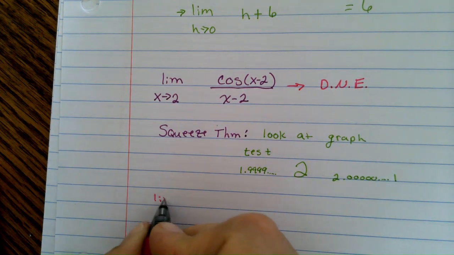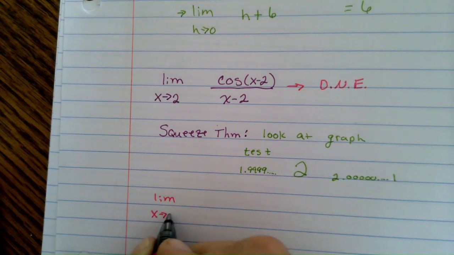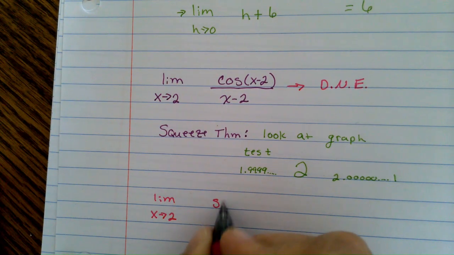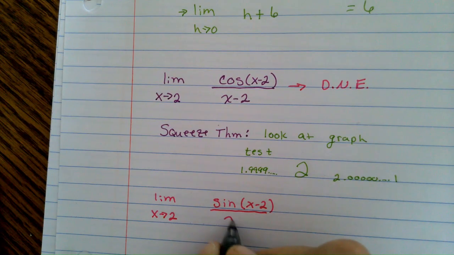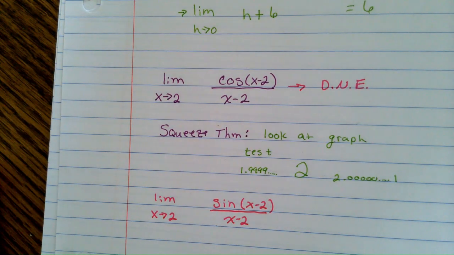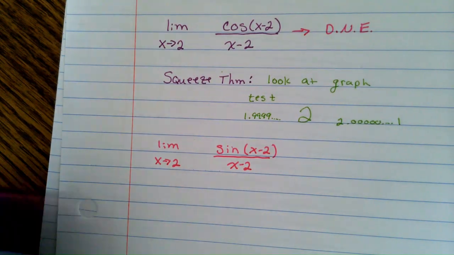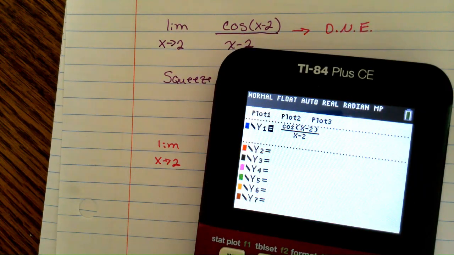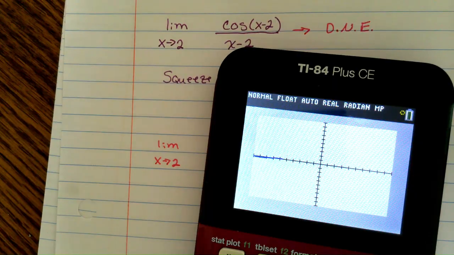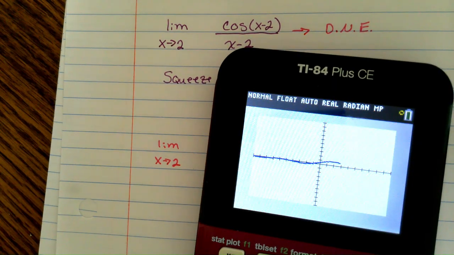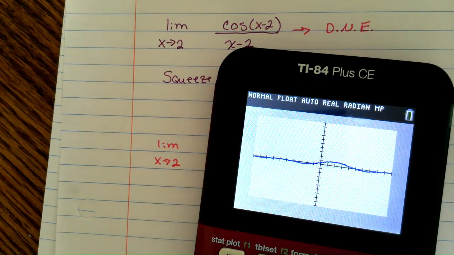Let's change it up. Let's do the limit as x approaches 2 of the sine. Will that change things? Maybe it will. Let's pop this in, and we're going to change cosine to sine. Okay, we don't have an asymptote. Can I calculate the value at 2?